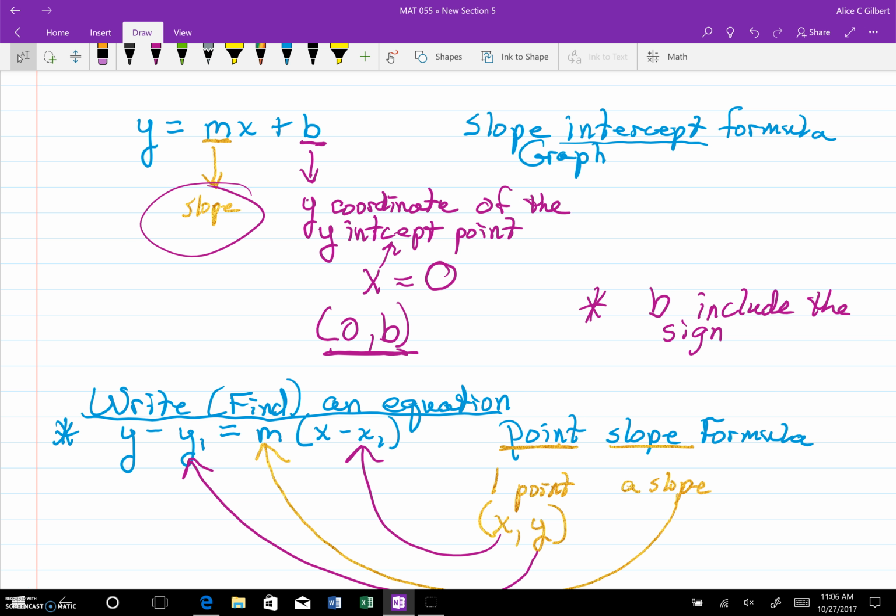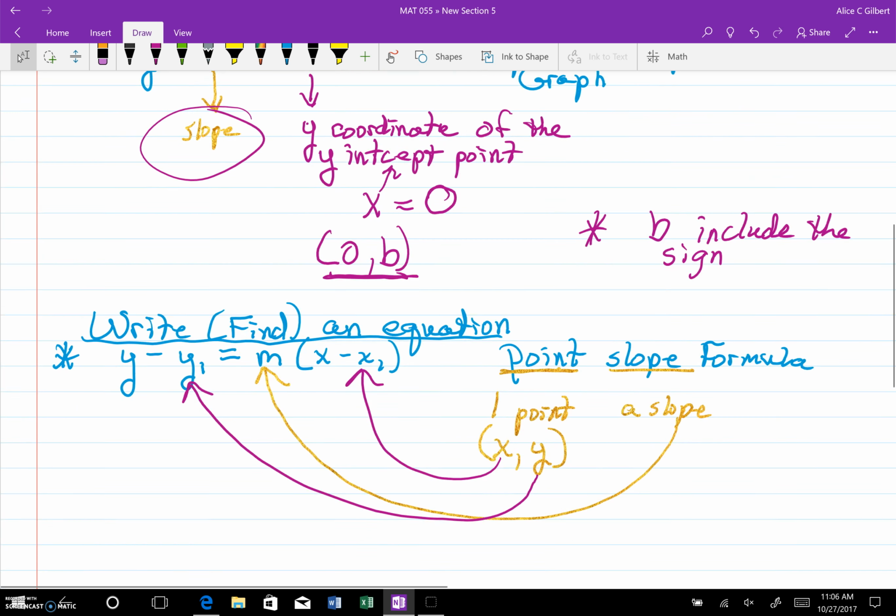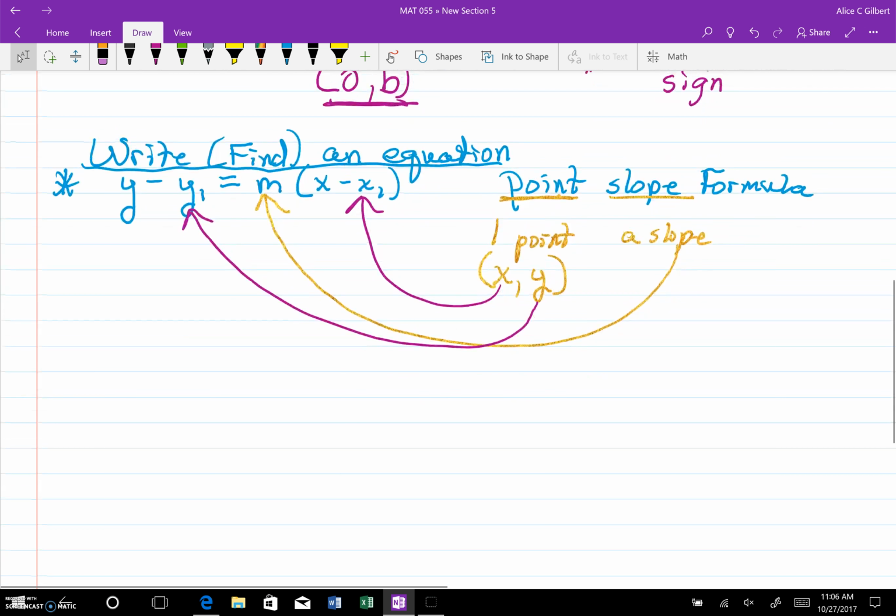To write an equation of a line, or find an equation of a line, we need the point-slope formula, which is y minus y sub 1 equals m times the quantity x minus x sub 1. We just need 1 point and 1 slope. So we will start learning how to do this stuff in the next video.